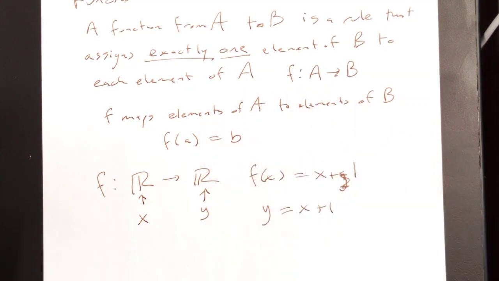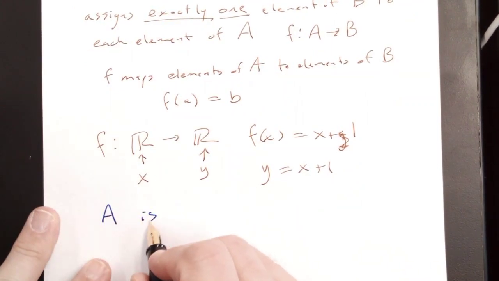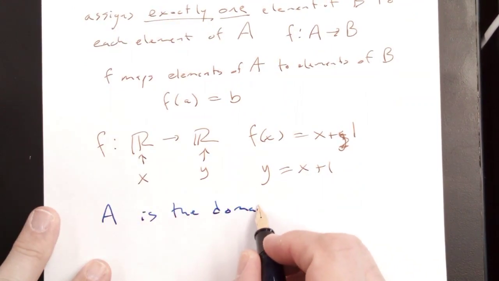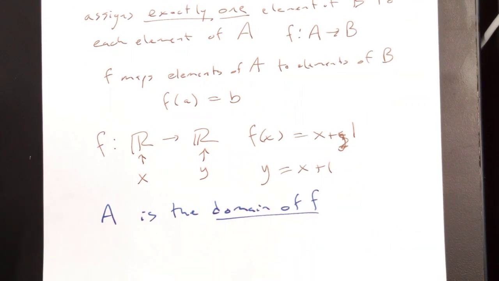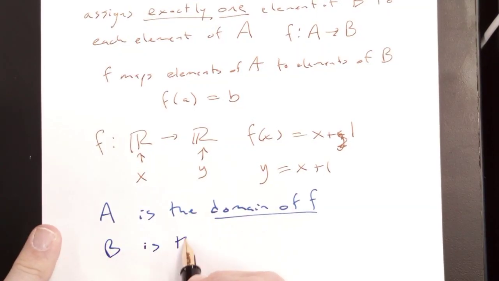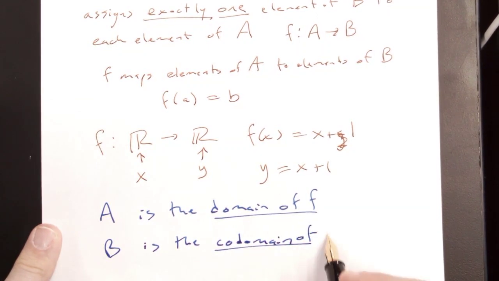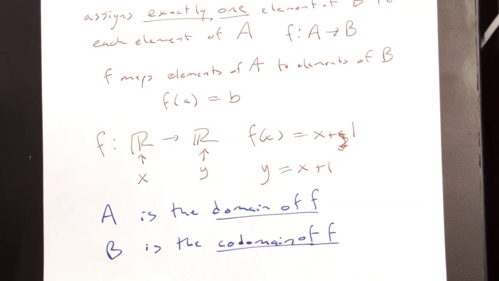Well, up here, those are A and B. So I need some names. Our from set is our domain. Our to set is the codomain. And I'm pretty sure those of you who have ever done functions are like, that's not what I'm normally calling it. Range. I want to be specific.